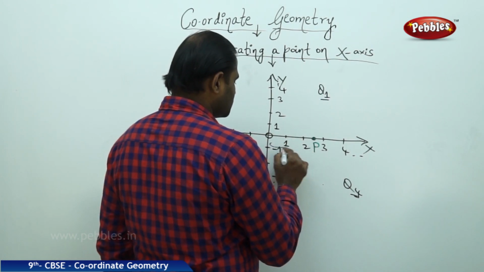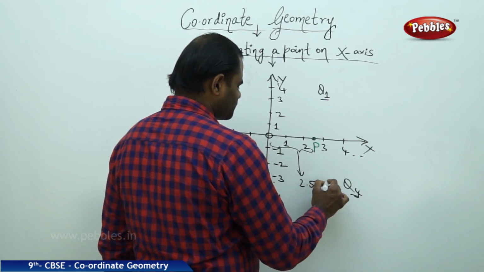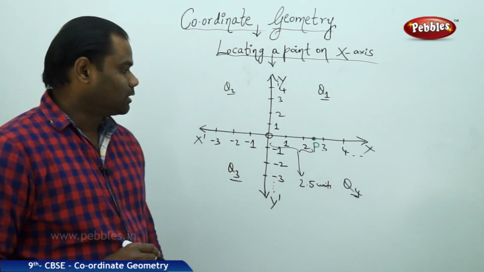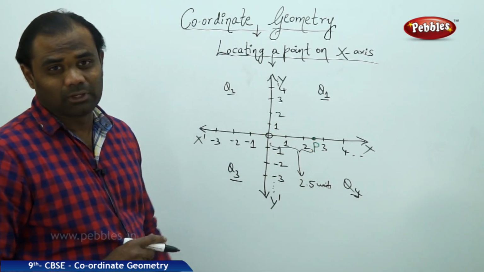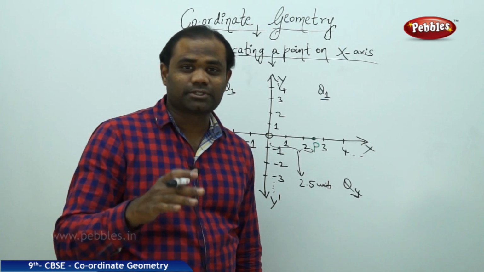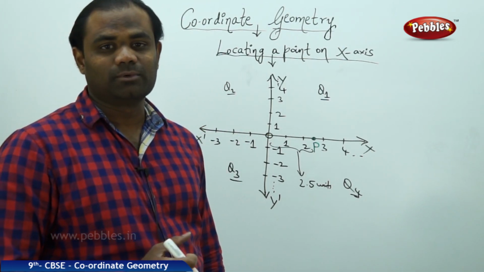So this distance is 2.5 units to the right. After moving 2.5 units to the right, it doesn't move up or down. That means there's no change in the y coordinate. It is 0 itself from the initial position.